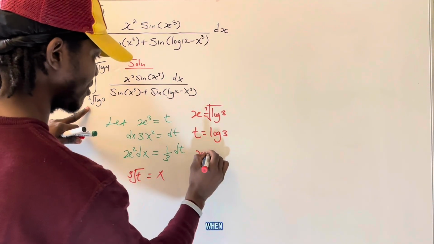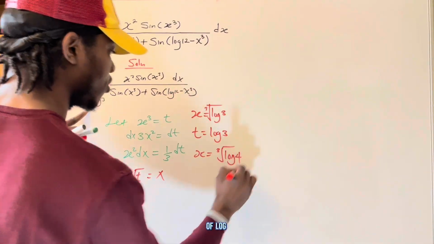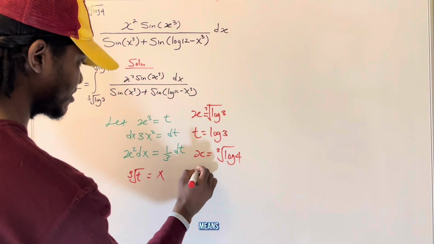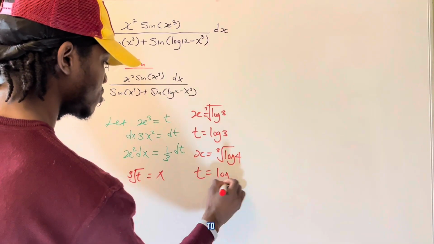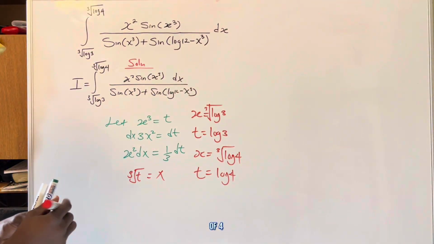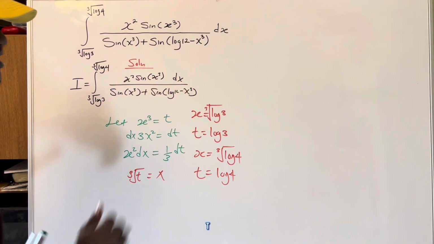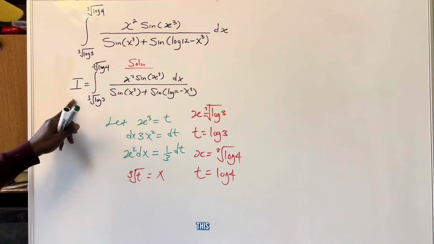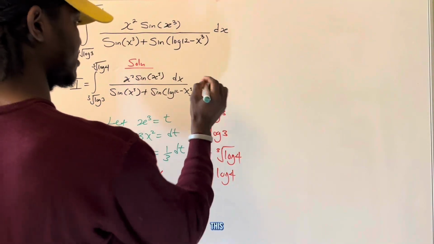And similarly, when x is equal to the cube root of log of 4, t will be equal to log of 4. So this is the new bound in the t world. So this integral is going to be transformed to this.